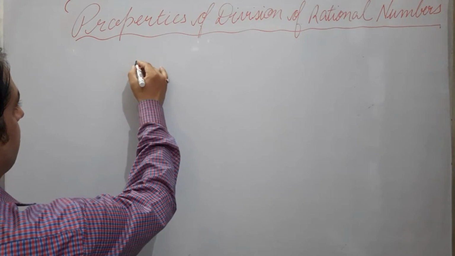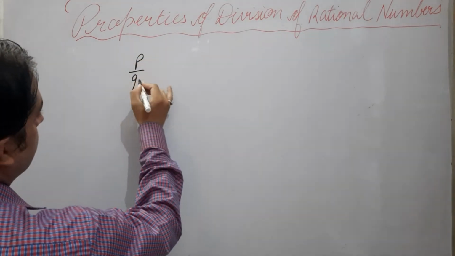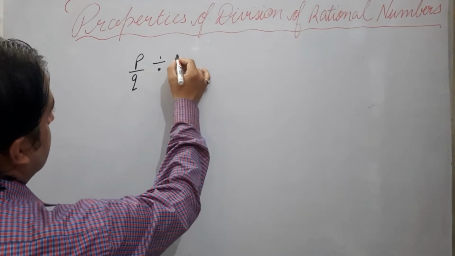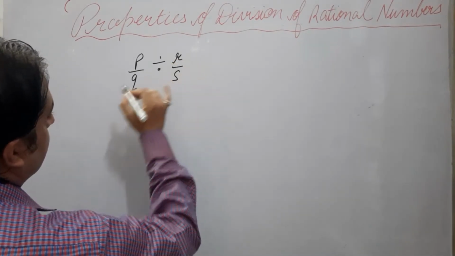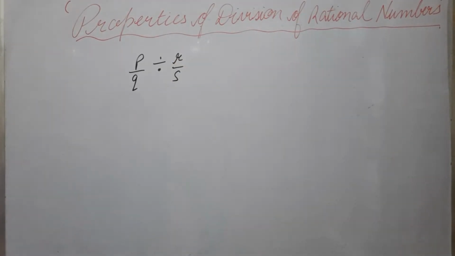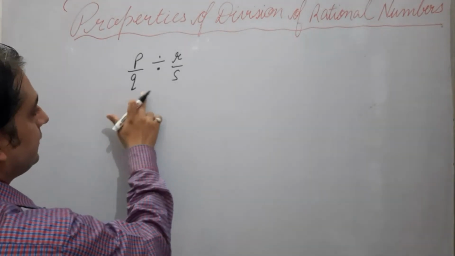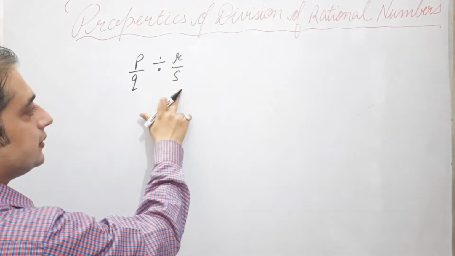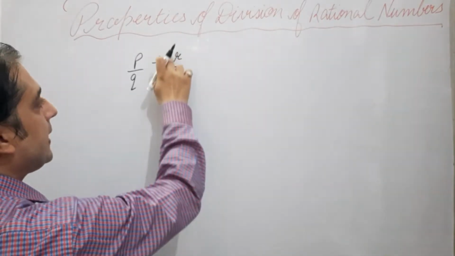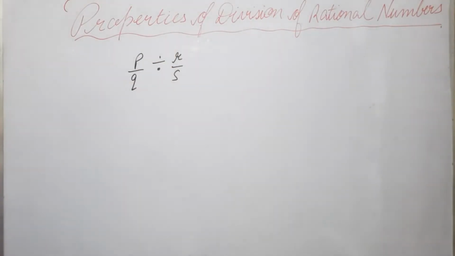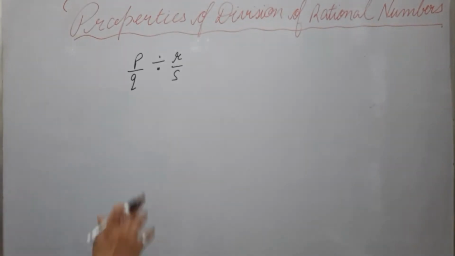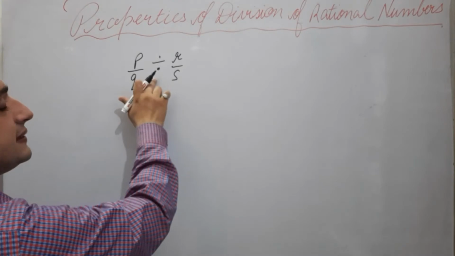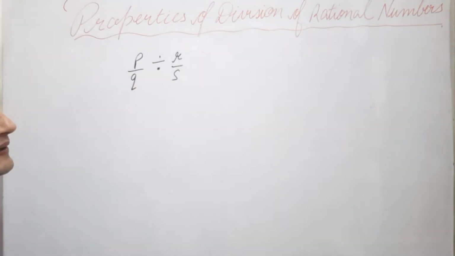We have a rational number p by q, which is to be divided by another rational number, r by s. In order to divide the dividend by the divisor, we take the multiplicative inverse of the divisor instead of doing the division operation directly.